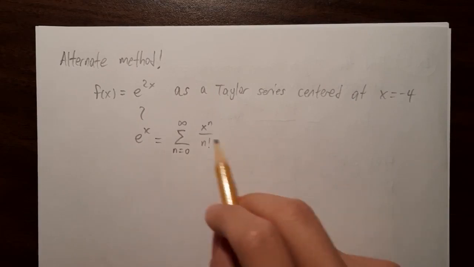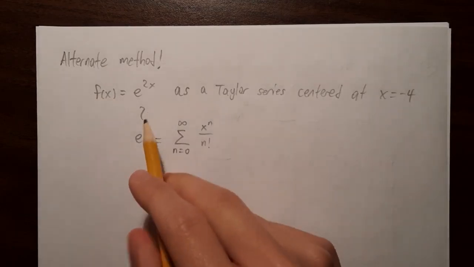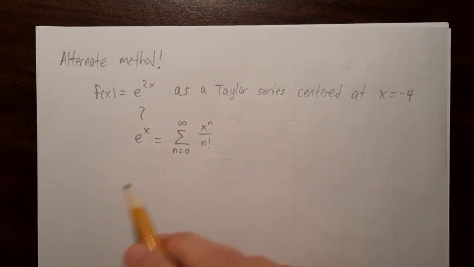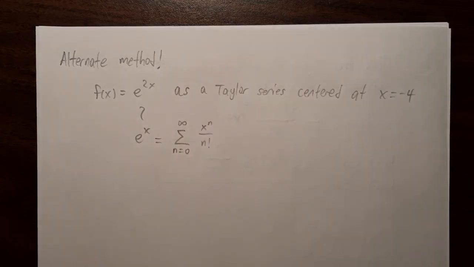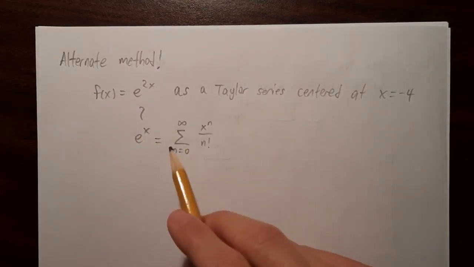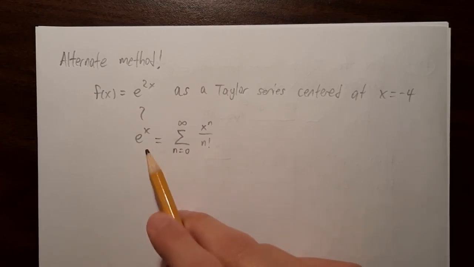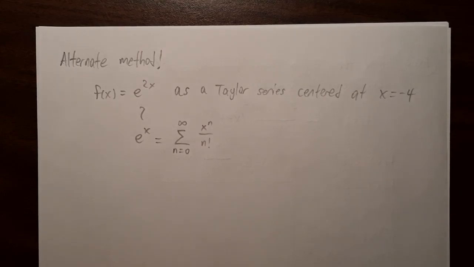And so kind of like what we did with the geometric sum formula before, we had an actual formula to find a general Taylor series, we can try to piggyback on this series expansion that we already have for e to the x. Well, one thing I can do already is, again, similar to the geometric sum formula, this equation, e to the x equals this series, holds not just for privileged values of x, but it holds for all x.